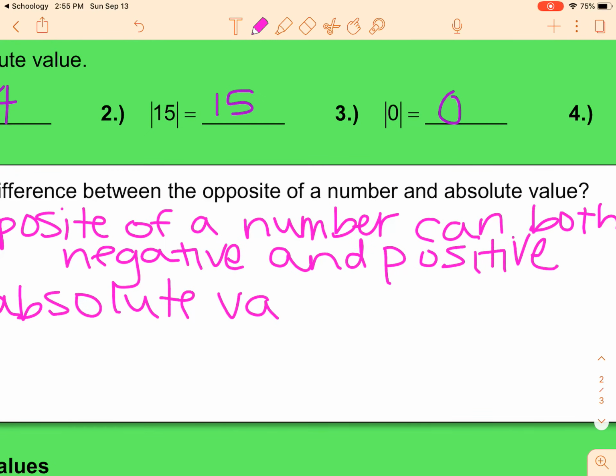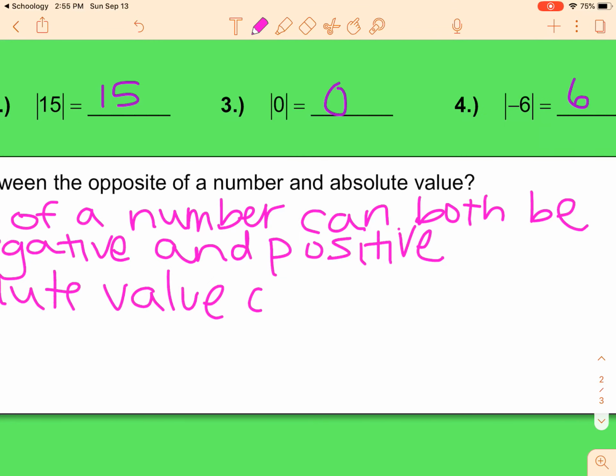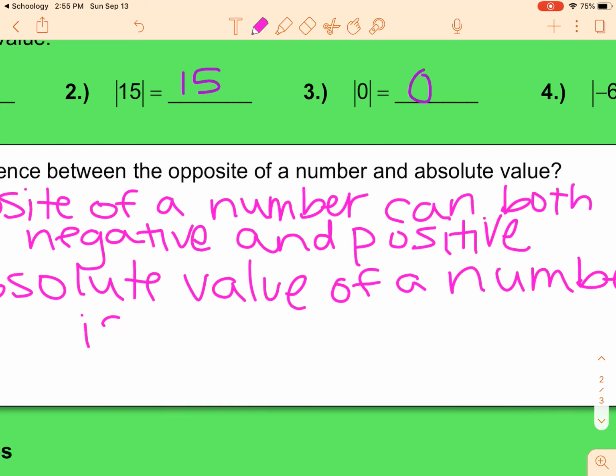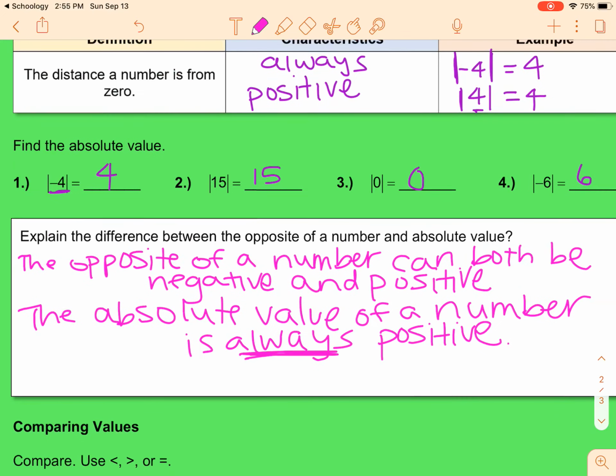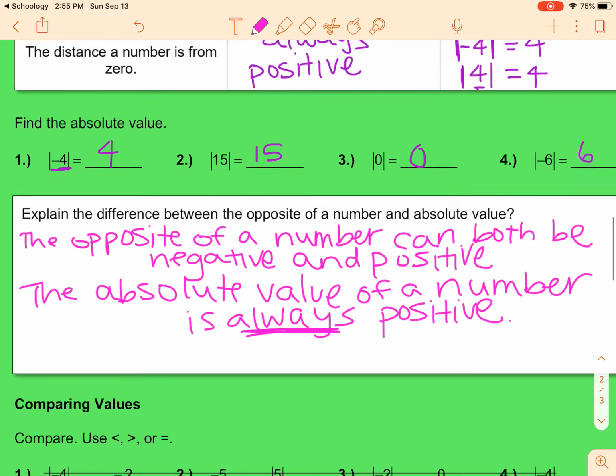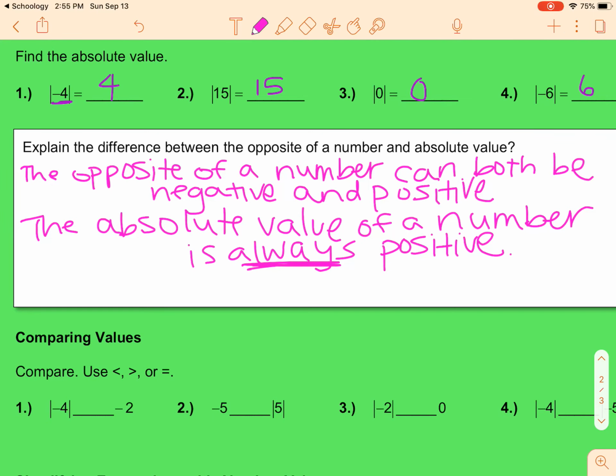The absolute value of a number is always what? Right, it's always positive. I'm going to underline the word always, because no matter what, the absolute value is going to be positive. So that's the big difference between the opposite of a number and the absolute value. The opposite can be negative and positive. The absolute value can only always be positive.